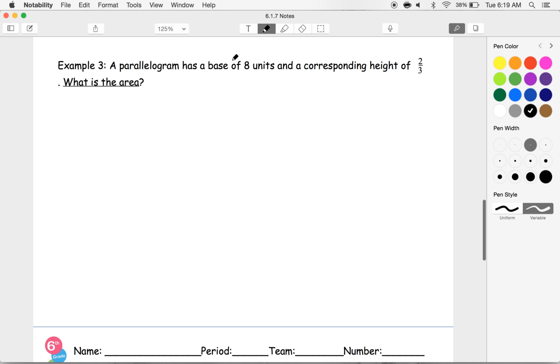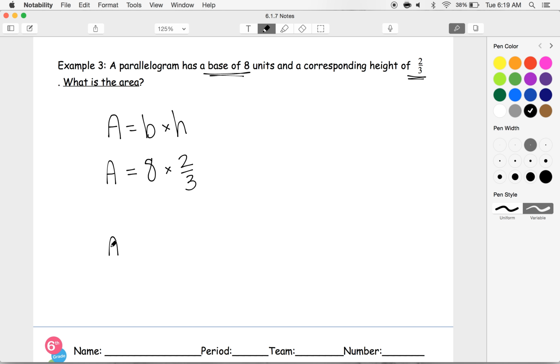A parallelogram has a base of 8 units. What's its corresponding height of 2/3? What is its area? Okay. Area for a parallelogram equals base times height. Area equals, it says that my base is 8 times my height is 2/3.